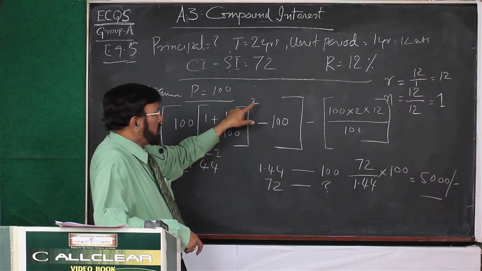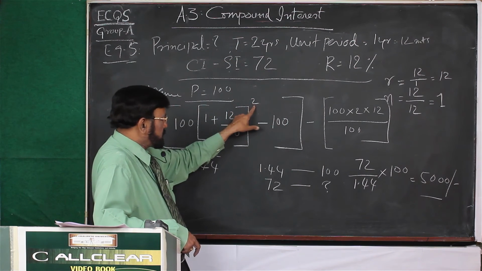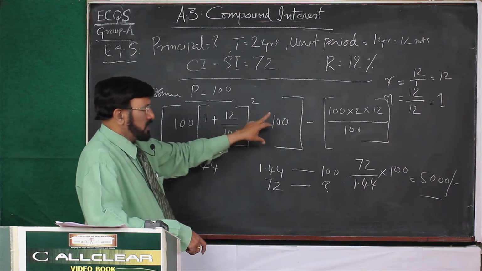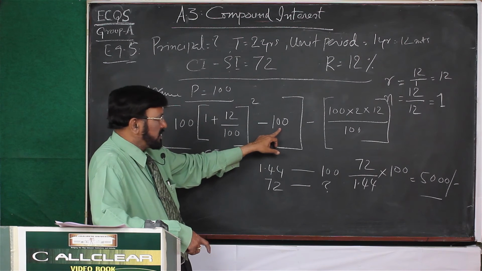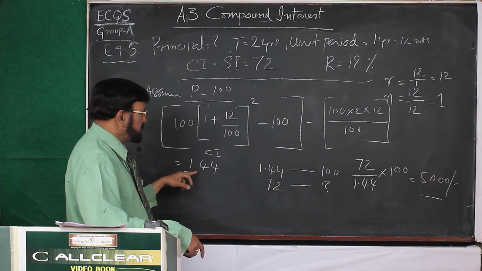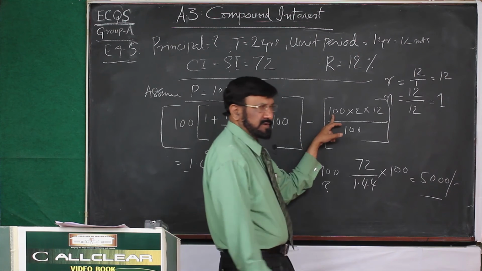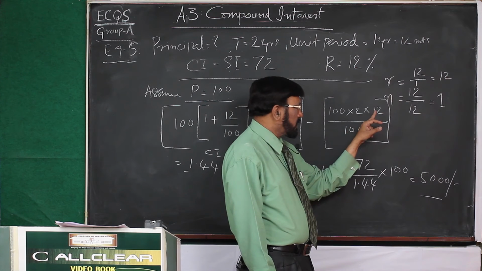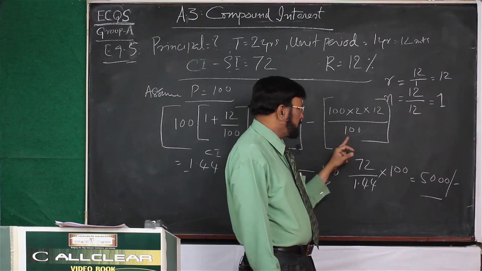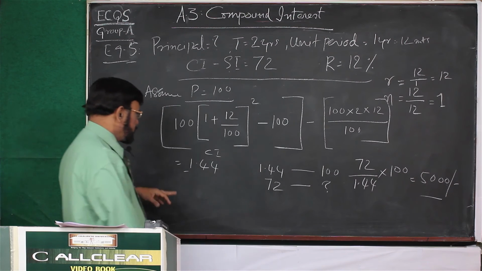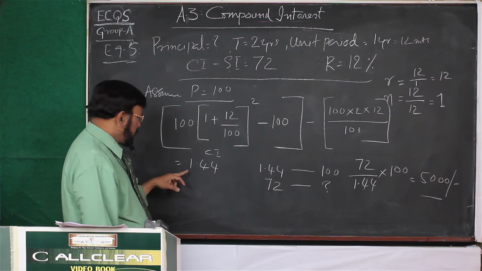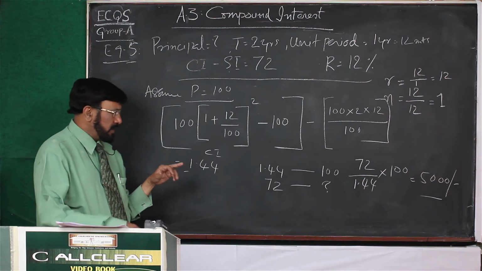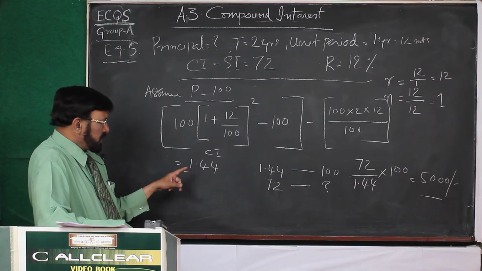T is 2 and n is 1, that is squared, and this calculates the amount according to compound interest, and this is the P, and the difference comes, and this is simple interest. Simple interest formula, you know that, that is P into T into R by 100. Then if you resolve this, you can get 1 rupee 44 paise. The difference between CI and SI is 1 rupee 44 paise.